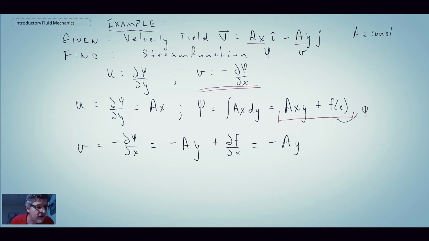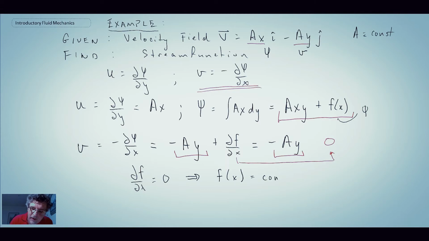So what do we get out of this? Well, we see this here matches directly with that, and for f, the derivative, there's nothing there, so that's equal to 0. So what we can say is partial f by partial x is equal to 0. Now that would only be the case if f of x is equal to a constant.